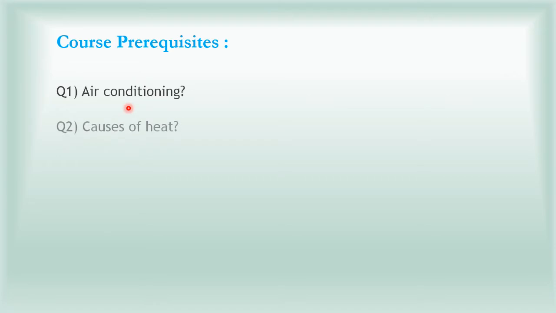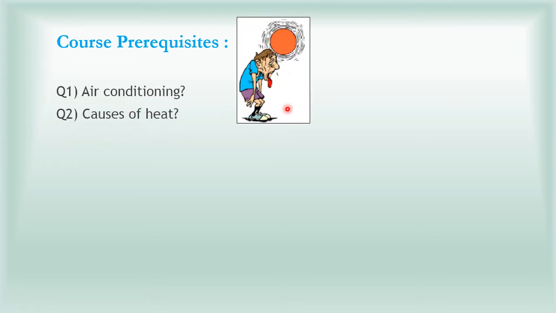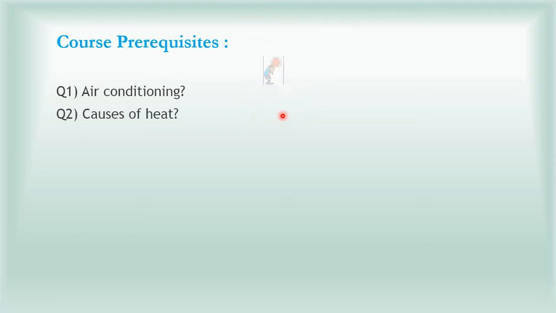Then question number two, the causes of heat. Now you know that the major cause of heat is the sun. The radiation of the sun comes to the earth and raises the temperature of the earth. So that means the sun is the major cause of heat.